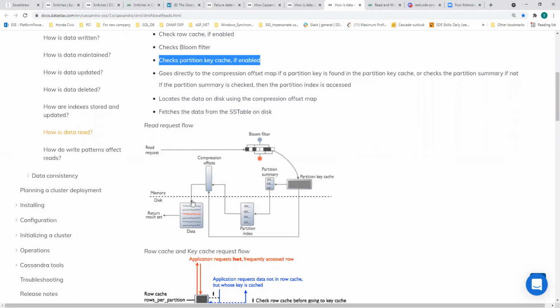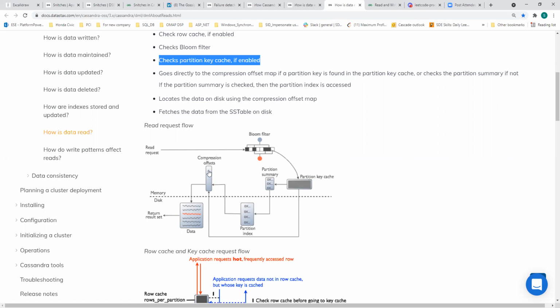So I think, if the SS tables are multiple, the compression offset that is generated over here, we will be discussing when we do the compaction. This compression offset will actually have that offset. It's not only the offset in a particular SS table, but it is looking across different SS tables also.